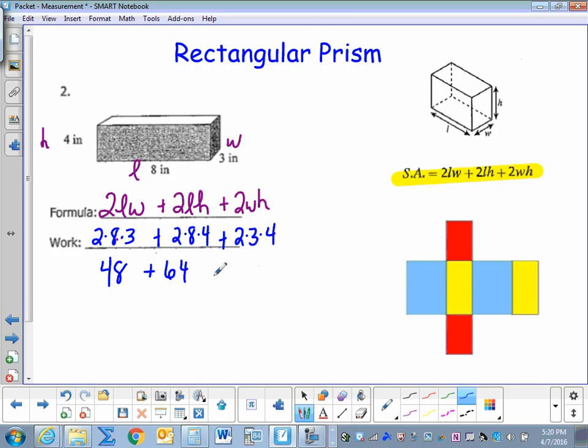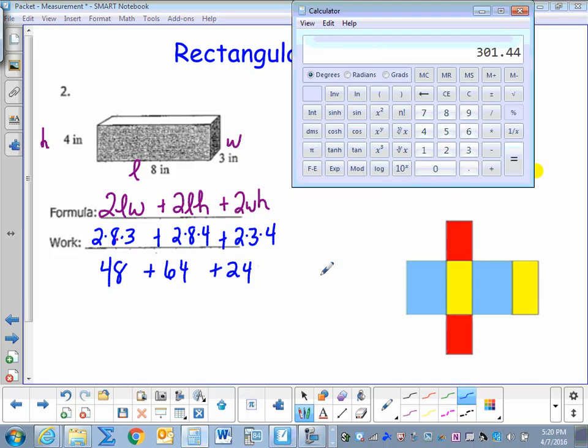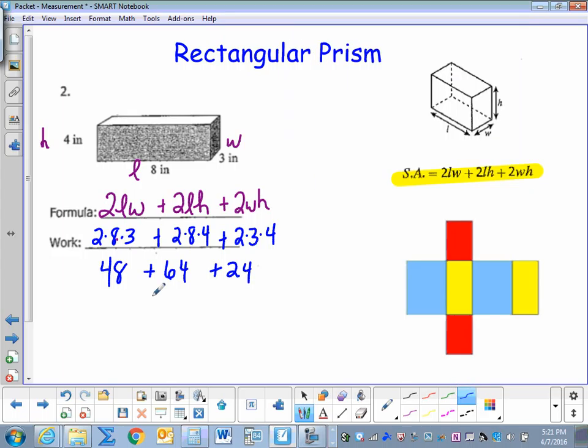So 6 times 4 is 24. 48 plus 64 plus 24 is equal to 136. So the surface area is 136 square inches.